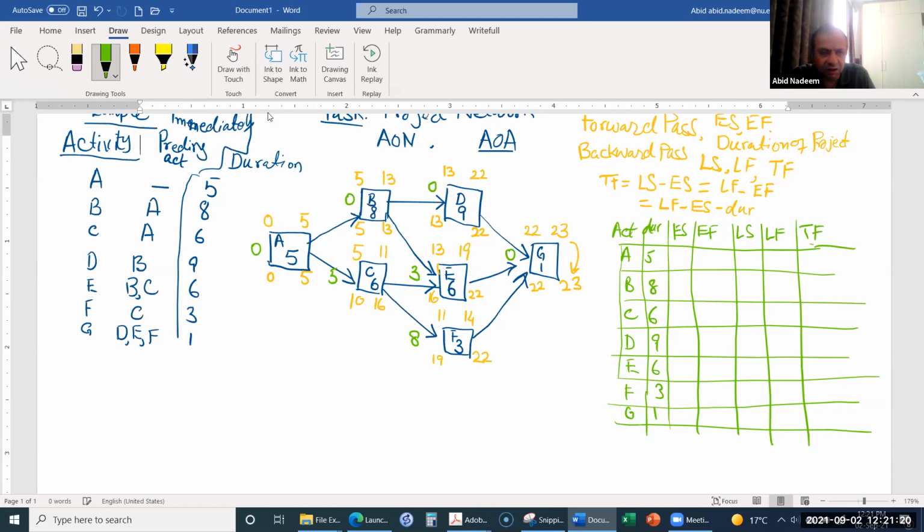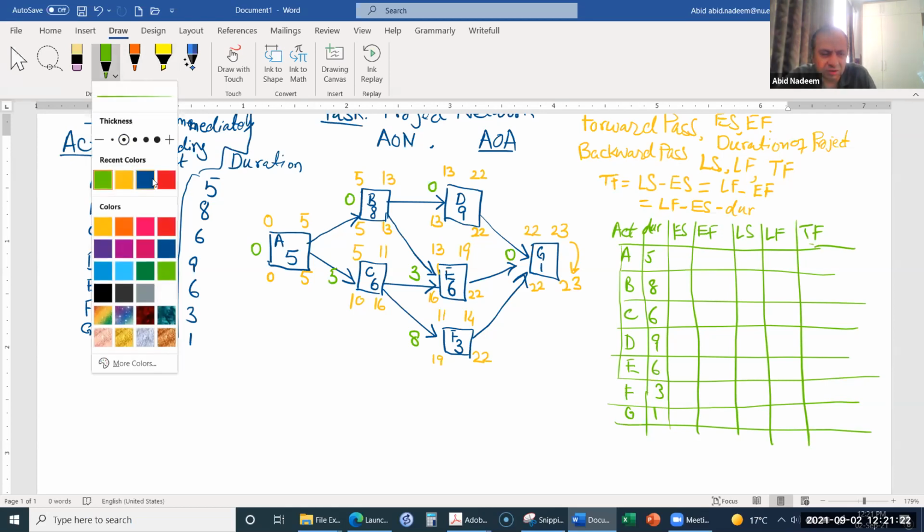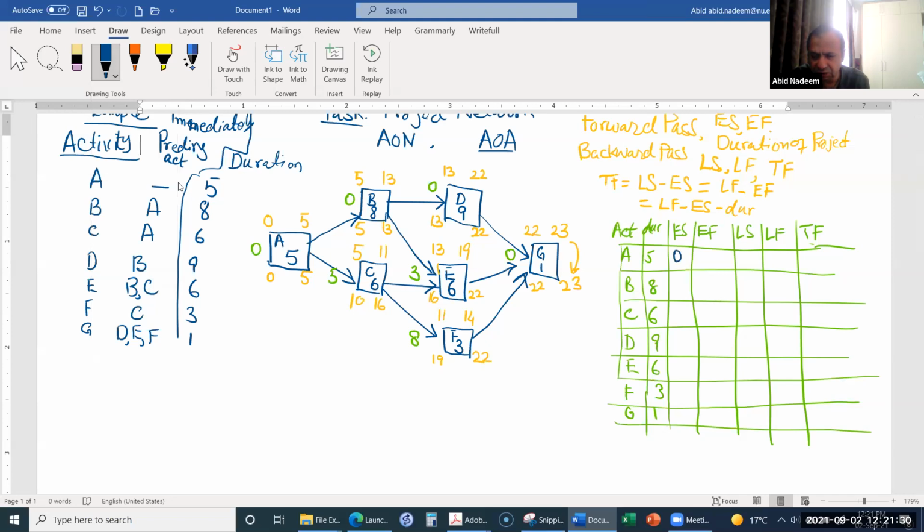Okay, and then you can just fill in these values. So for example, for activity A, what values will we fill? 0, 5, 0, 5. Okay, and total float will be 0. For activity B, what values will we fill? Can you tell me? 5, 13.